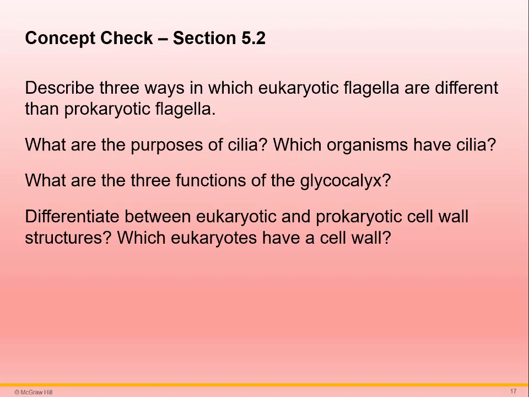Some of them, like our respiratory tract, has the mucus layer, the mucus escalator, that will help to beat upward and get rid of any kind of microbes or dust particles that might get trapped in the mucus, and then we swallow it. We'll talk about that as one of our innate defenses in chapter 14.